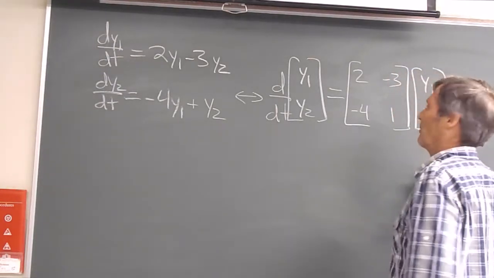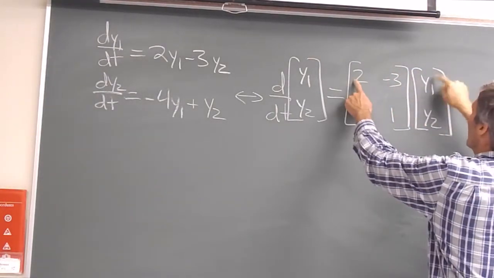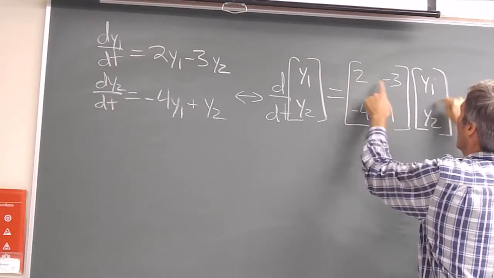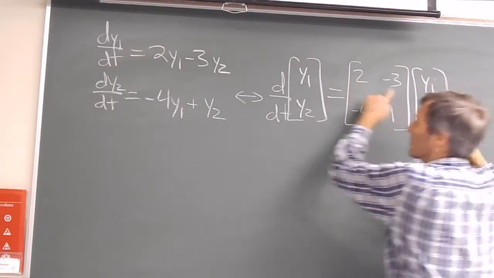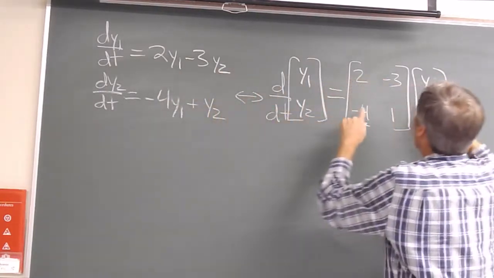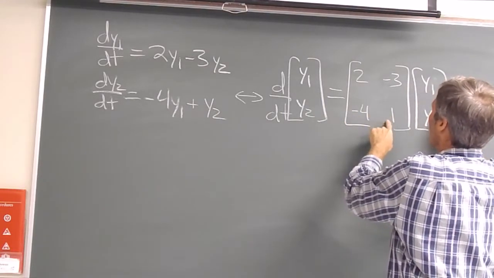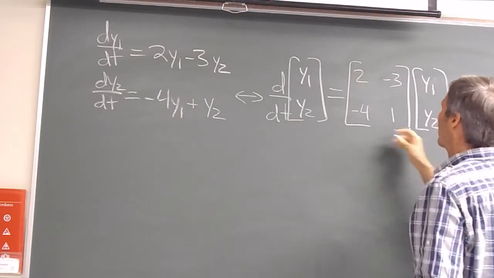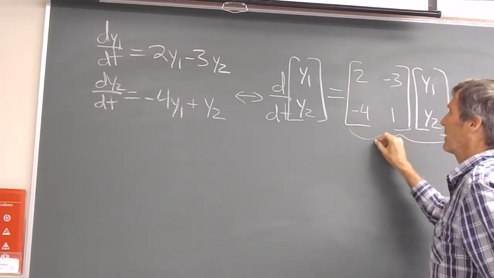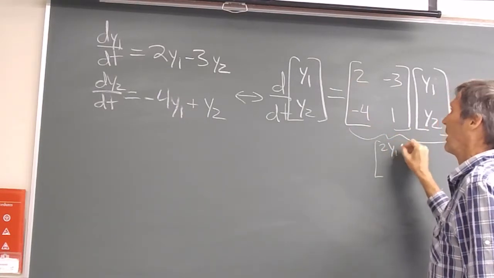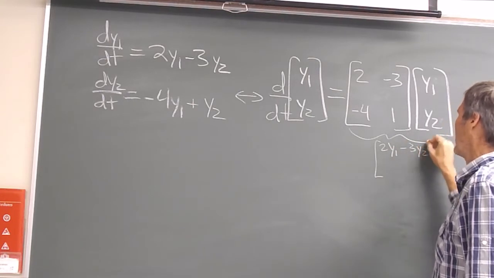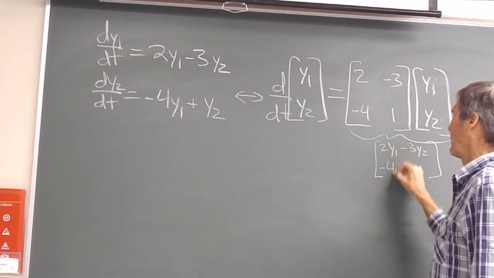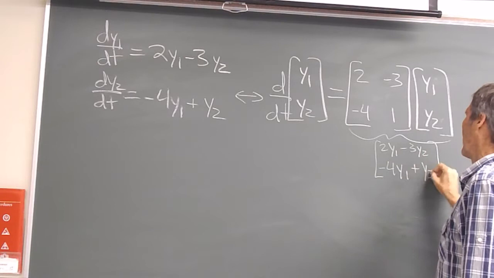Remember how matrix multiply works. You take this times this plus this times this, and sure enough you get 2y1 minus 3y2. That's the right side here. This times this and this times this gives you minus 4y1 plus y2. So this product here is the right-hand side vector, 2y1 minus 3y2, minus 4y1 plus y2, right?